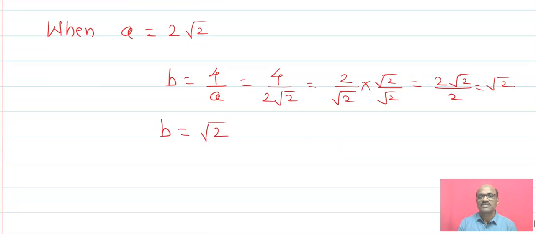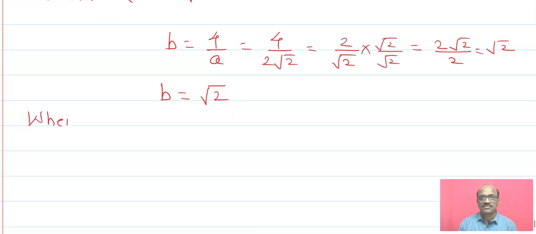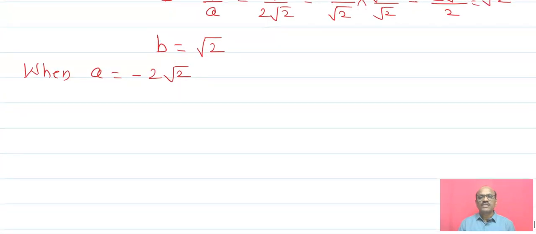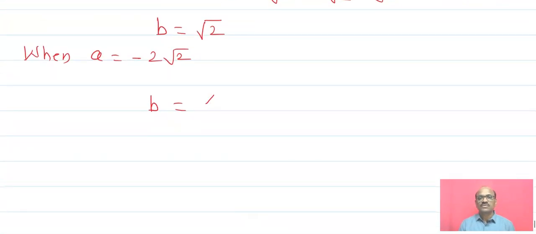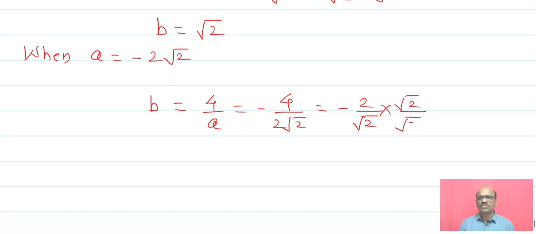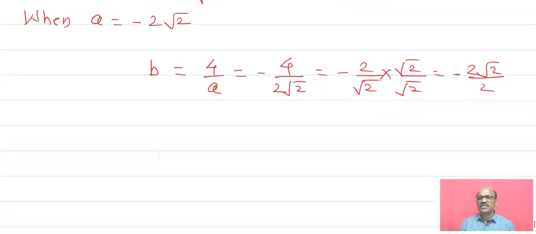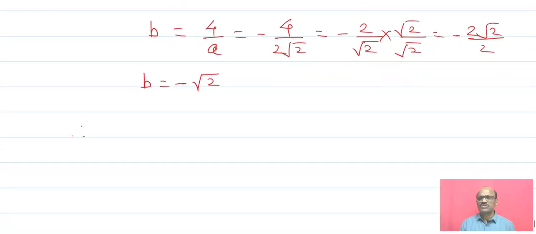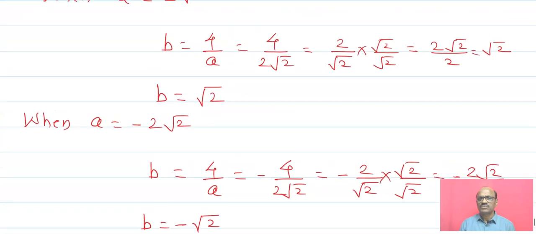And when a is equal to minus 2 root 2, b is equal to 4 upon a, that is minus 4 upon 2 root 2, that is minus 2 upon root 2, multiplied by root 2 upon root 2, that is minus 2 root 2 upon 2, the 2s get cancelled, and b is equal to minus root 2.